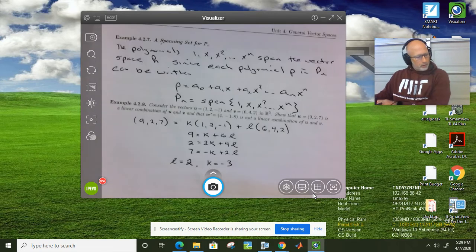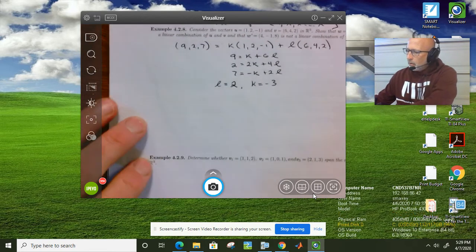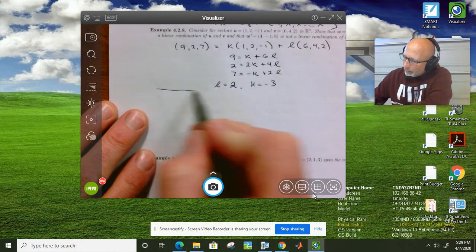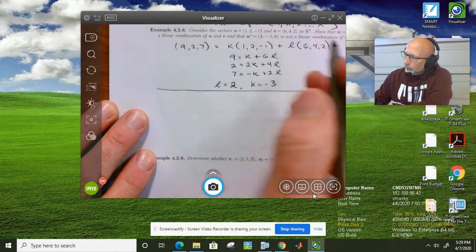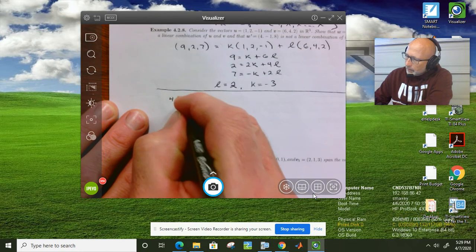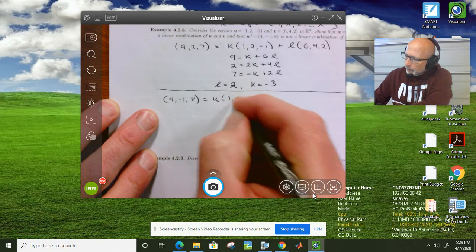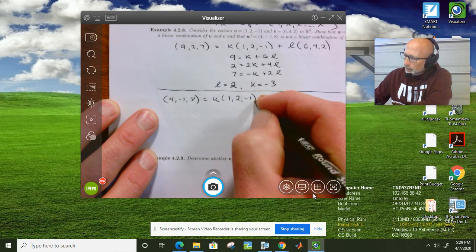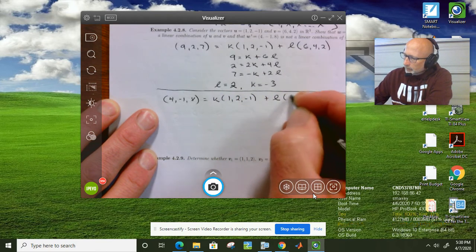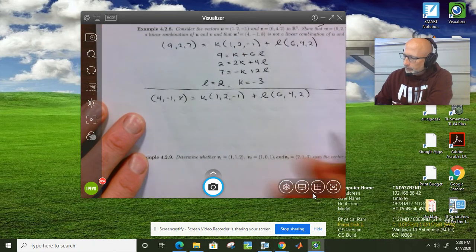So how are we going to show that it doesn't work in the other case? We'll do the same exact thing. We set it up to where we try to write 4, -1, 8 equal to some k times 1, 2, -1 plus some l times 6, 4, 2. Now I just need to solve this system.